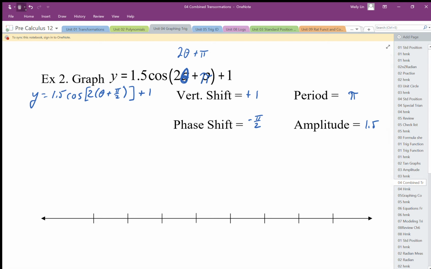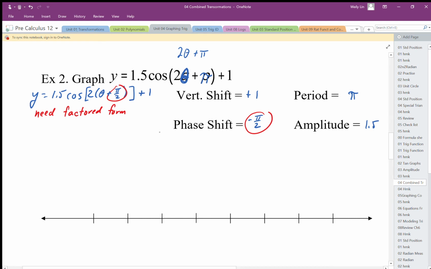So I'm just going to write that out. Okay, put that in your notes. We need factored form. Need is a strong word, but we really want that factored form, so that way we can get this phase shift. Okay, so once we've established that, now we can just graph it.